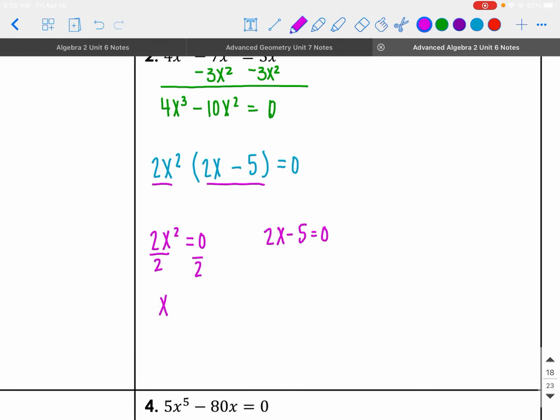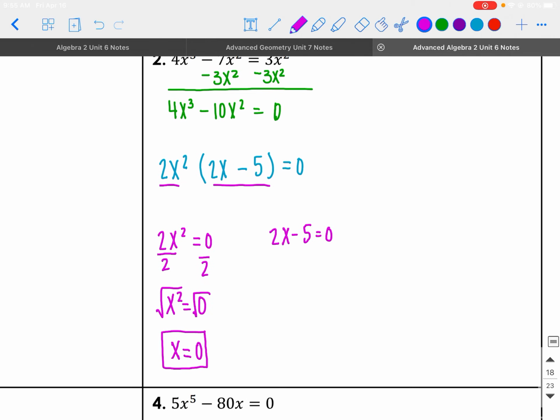So if I divide by 2, we get x squared equals 0. And then I take the square root, x equals 0. Then we add 5 to get 2x equals 5.